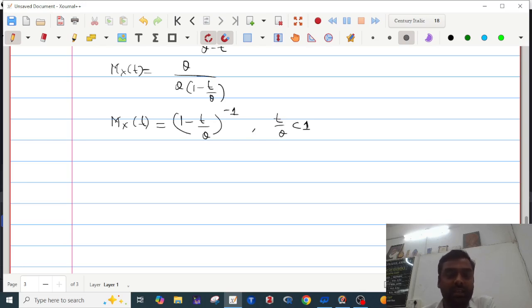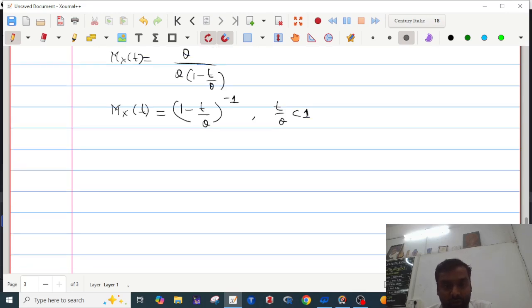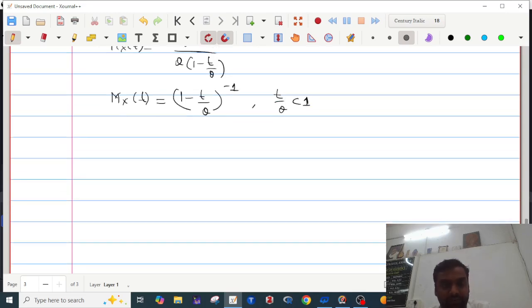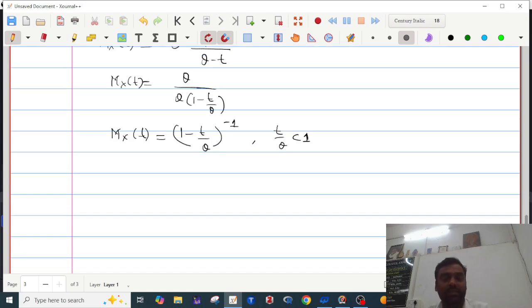Now this is the general expression for the moment generating function. The purpose of the MGF is that with the help of the MGF we can obtain raw moments.